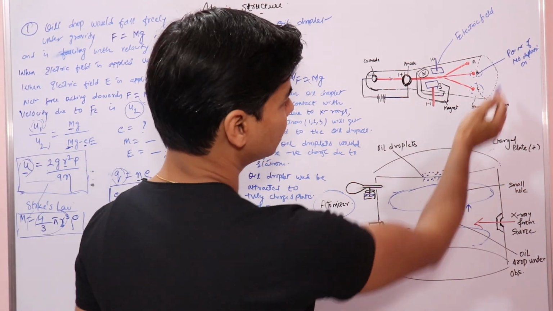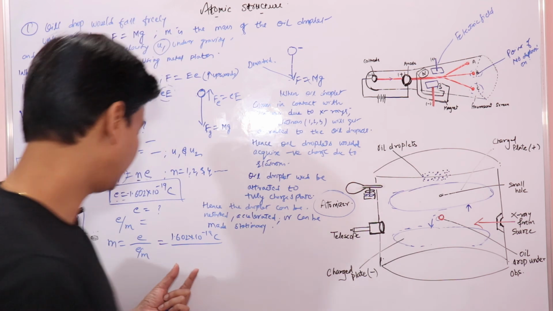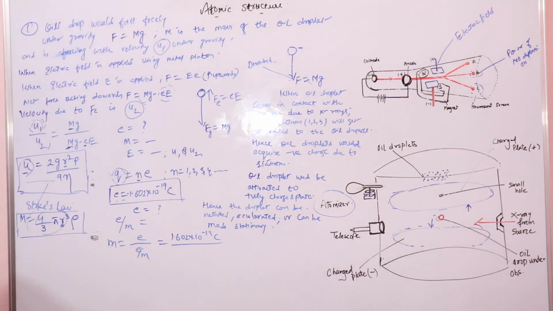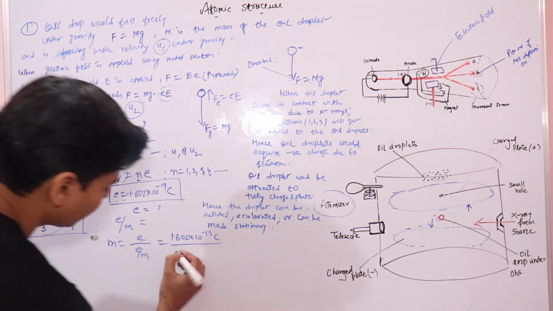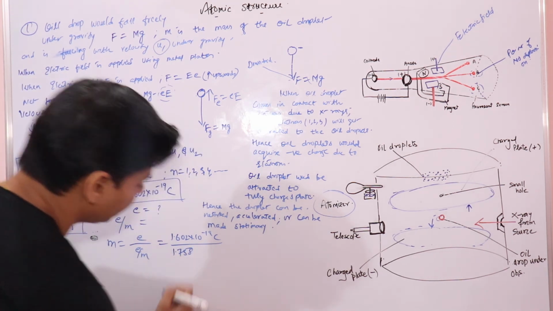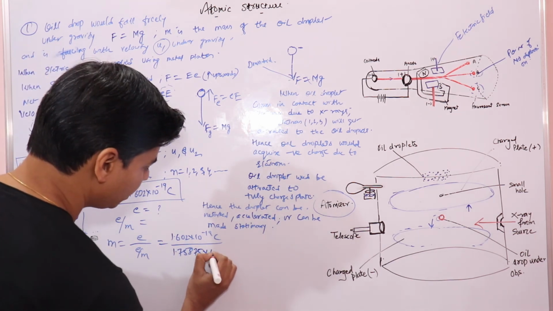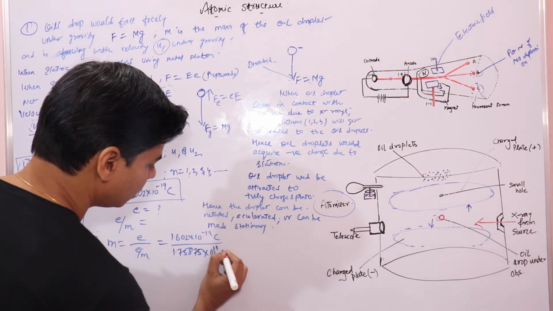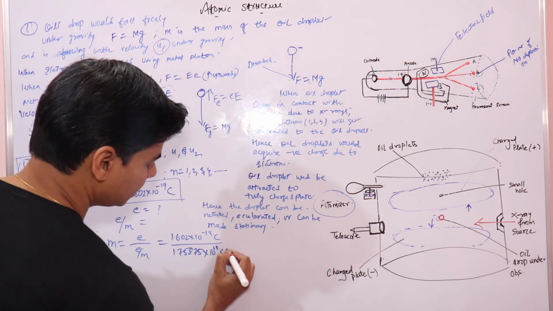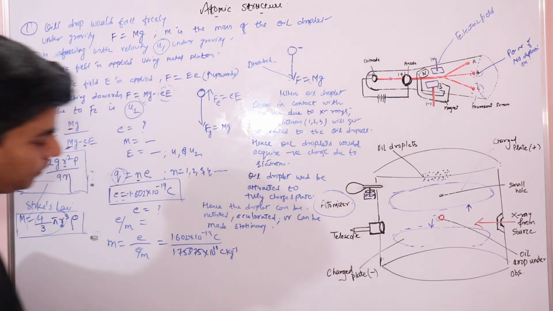If you remember, from that experiment we calculated the value of e upon m, which is 1.75875 into 10 to the power of 11 coulomb per kilogram.